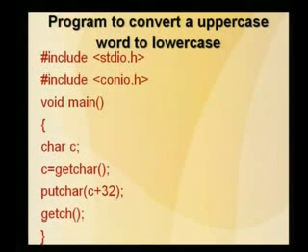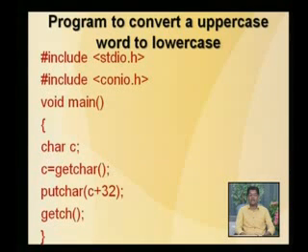One simple program to convert an uppercase letter into a lowercase letter. Include stdio.h, include conio.h, void main, char c, c = getchar(). The first two statements declare one character variable c and c equals getchar, so using this function you are getting the value from the user side, which will be stored in the variable c.